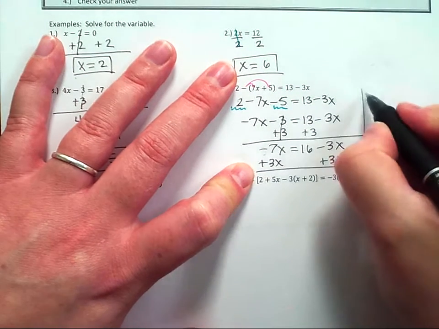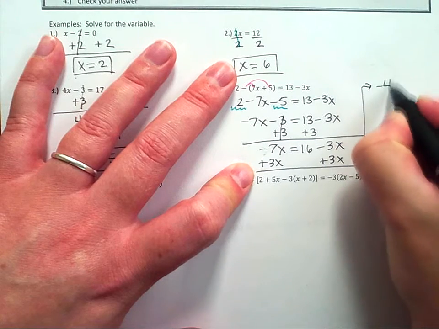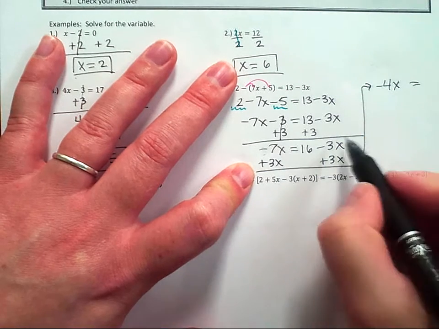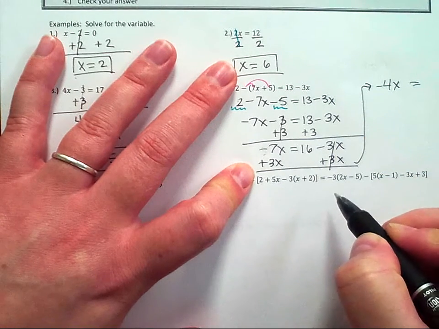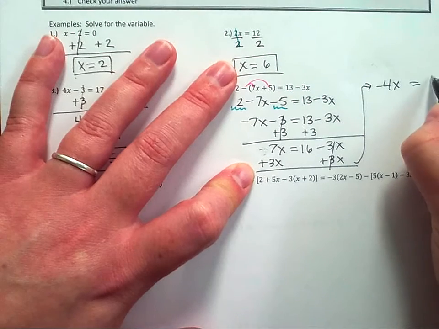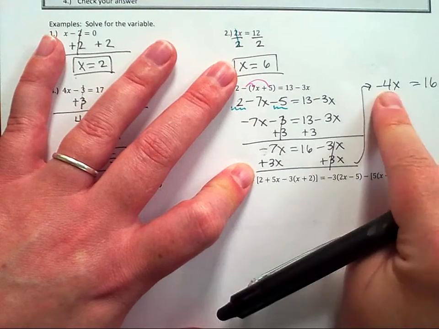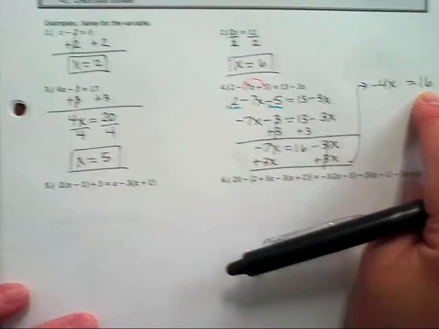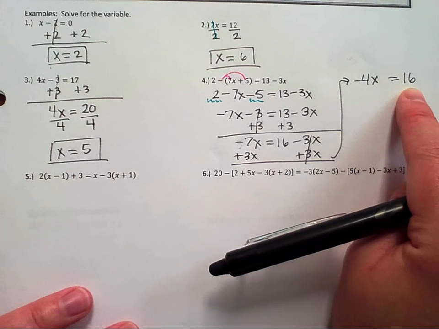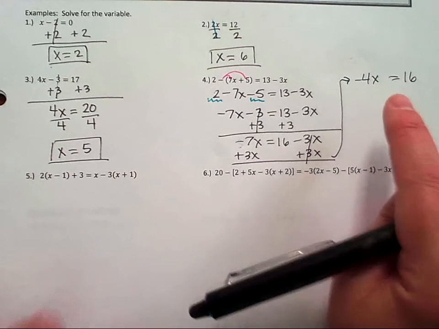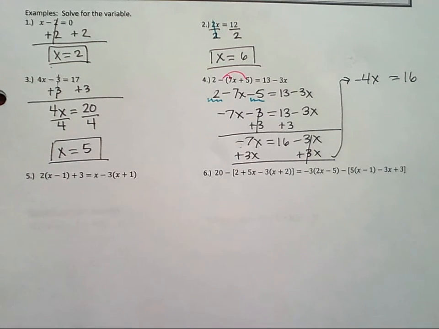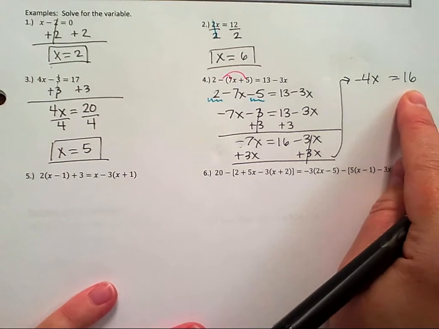Negative 4x equals negative 3x plus 3x is 0, and we did that on purpose, right? Okay, so I have negative 4x equals 16. So the step of collecting everything with a variable on one side and everything without a variable on the other side, we've done that, right?